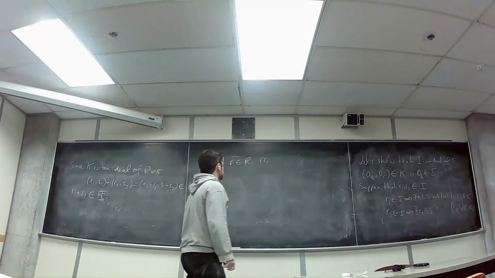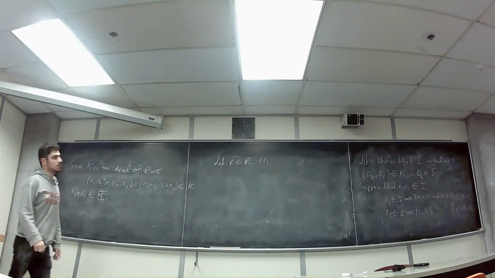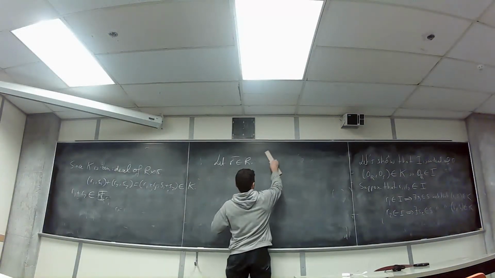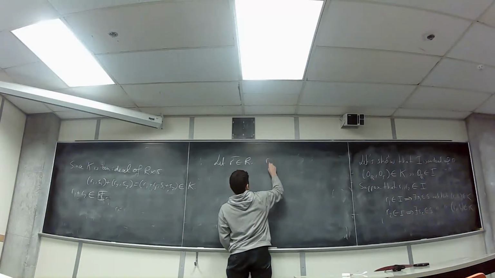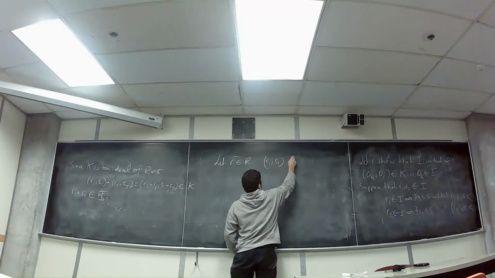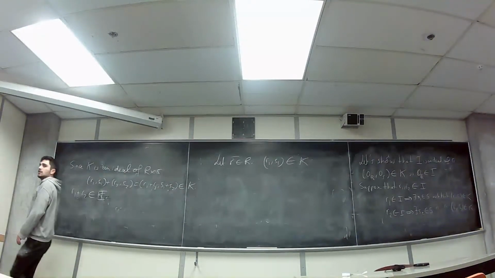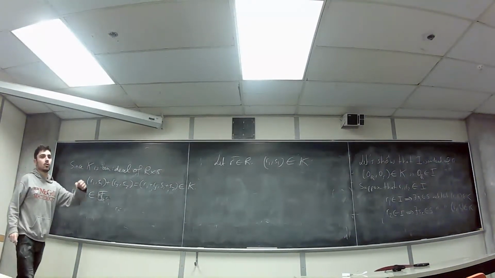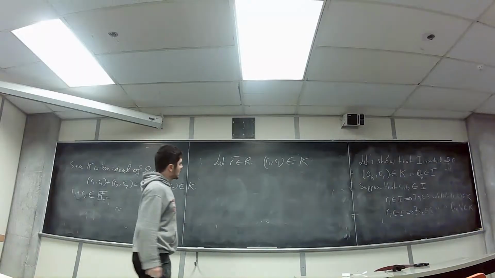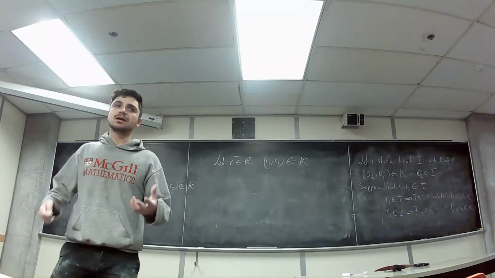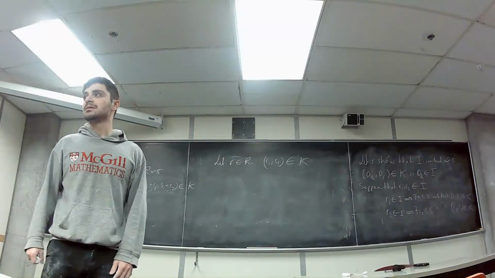I want to show that R1 belongs to I. Now I know that R1 S1 belongs to K. The goal is to show that R1 belongs to I. Now, if R1 S1 belongs to K, how can I let R into play?